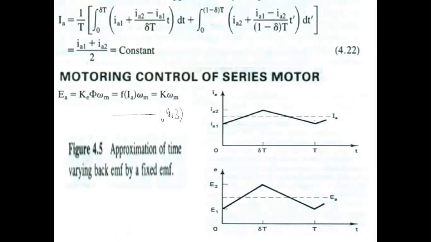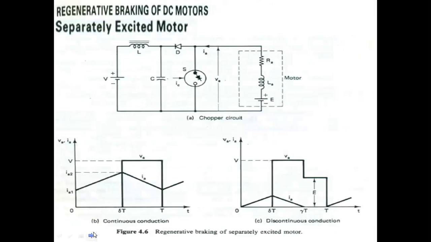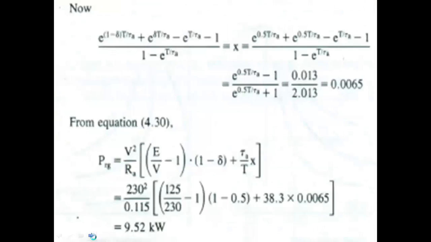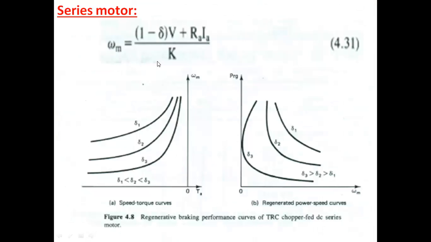The same formulas for the series motor can be described here. So the following equation is obtained. You go to our slide. This one. The equation is obtained from TRC control, time ratio control.